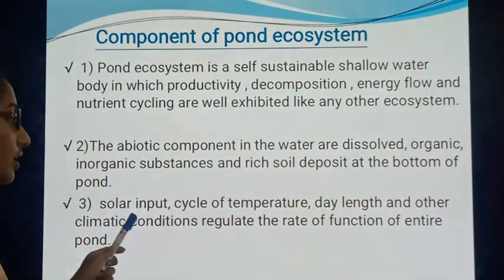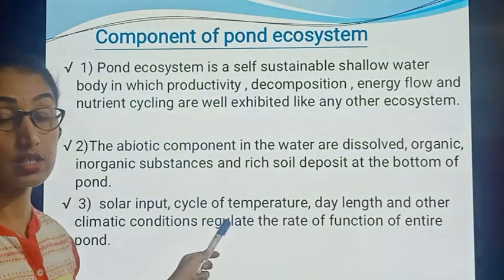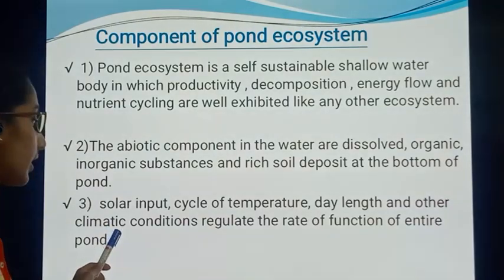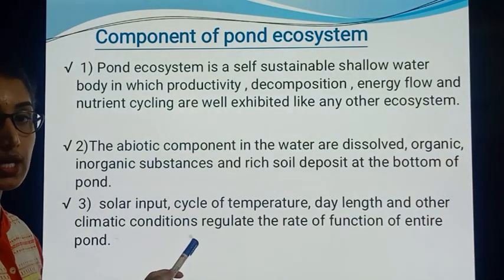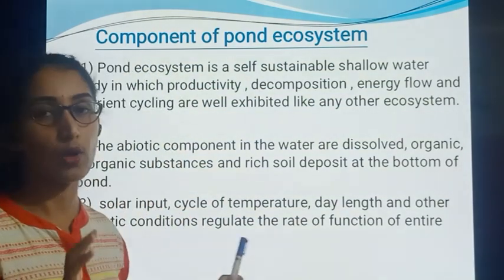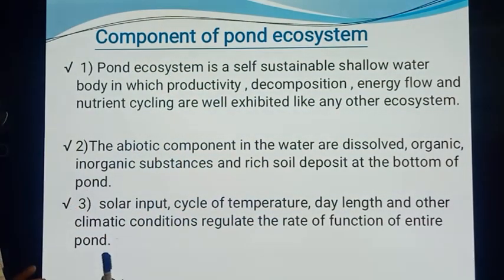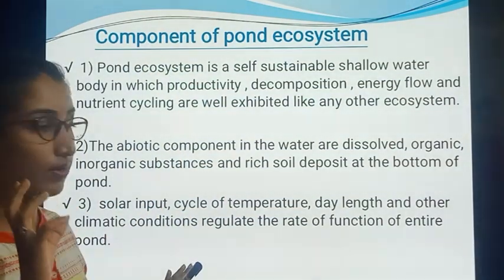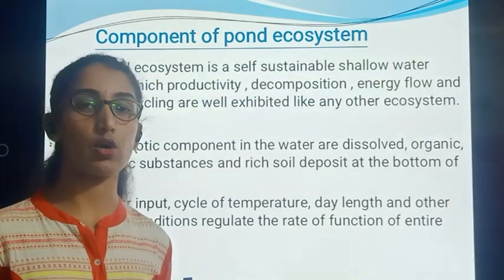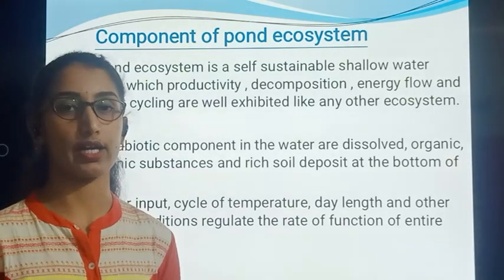Solar input, cycle of temperature, day length and many other climatic conditions will regulate the rate of function of the entire pond ecosystem. The functioning of the ecosystem will not depend on any one particular factor.